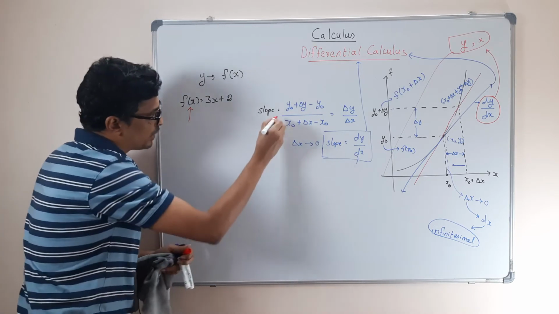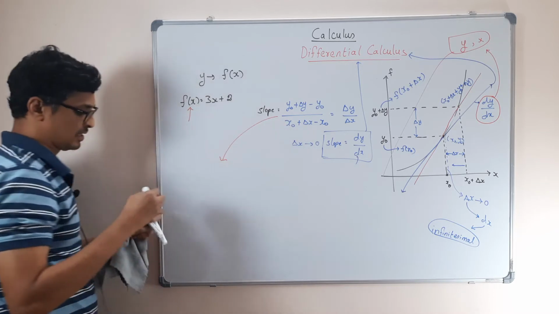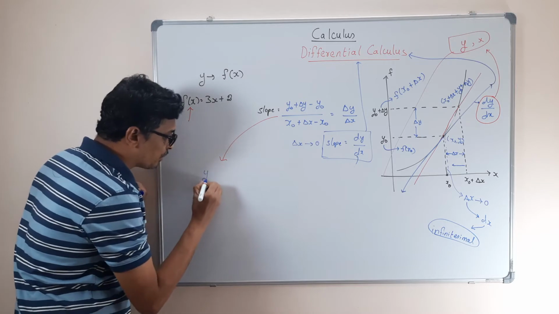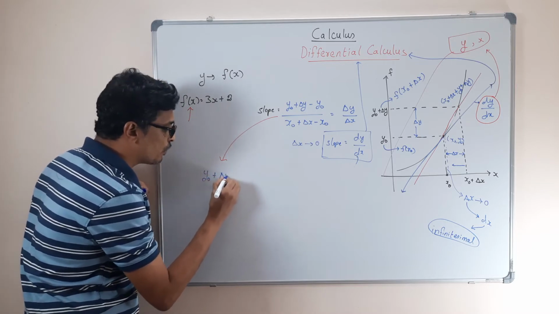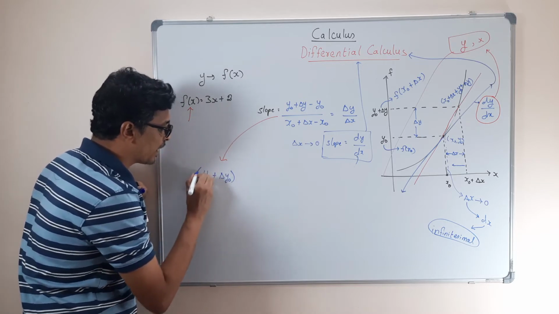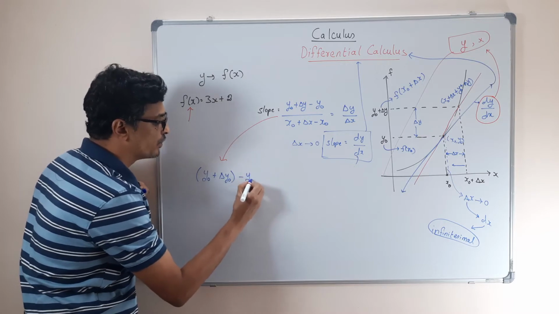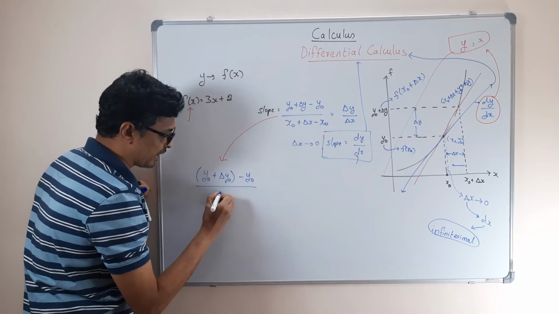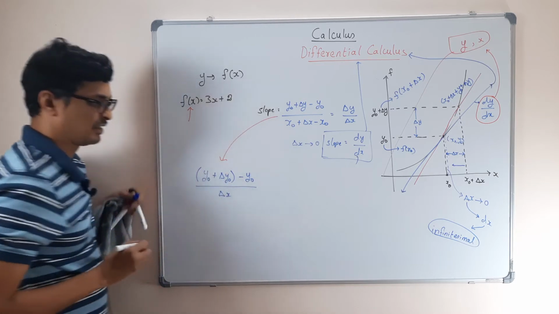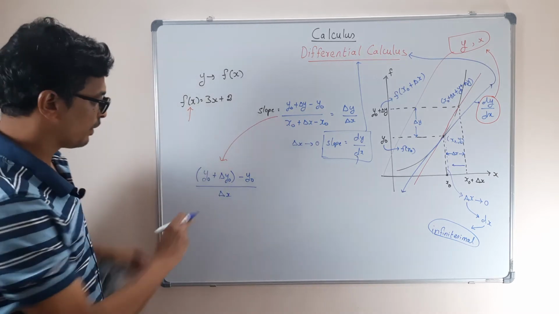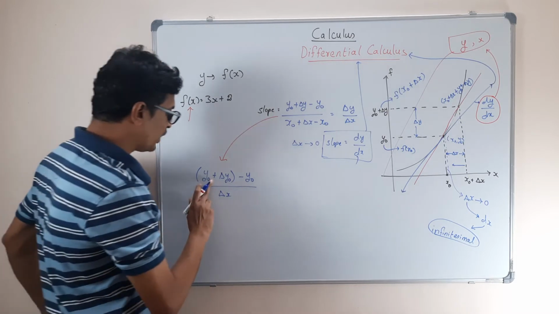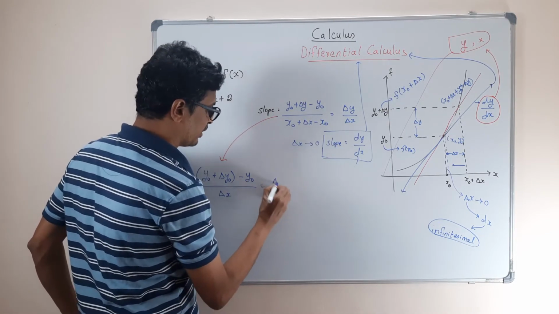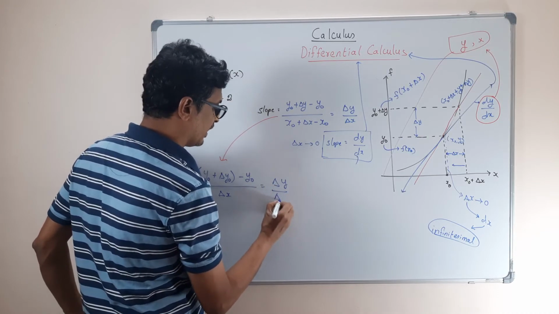I am going to write this term as y0 plus delta y, let me put it in a bracket, minus y0, divided by delta x. Okay, have I written this correctly? This is delta y by delta x.